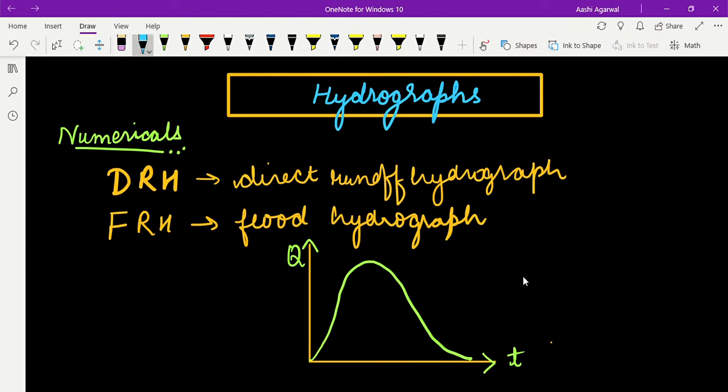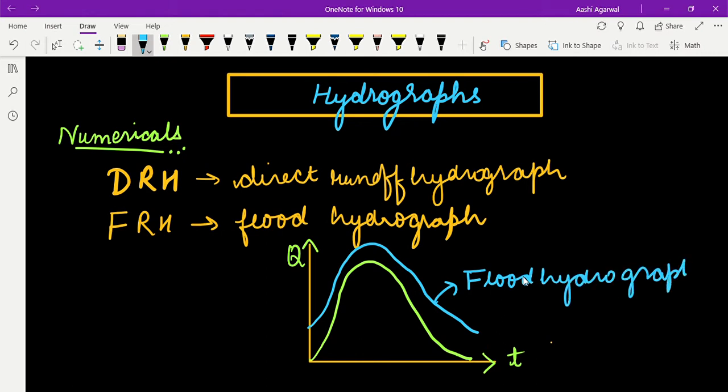The only difference I want to tell you is that it includes the base flow. It is a smooth curve. Here it is the flood hydrograph, and this one is the direct runoff hydrograph.